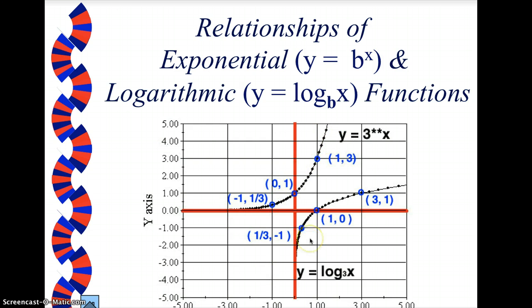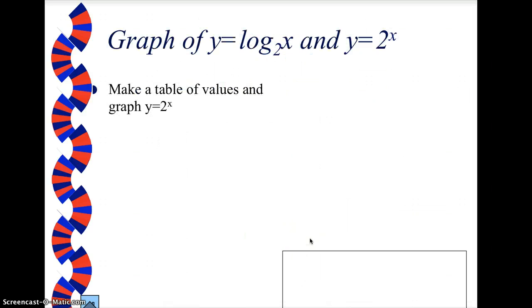Okay, now let's have an example of how to graph it. When you're graphing, you're giving values for the x. In the problem you'll be given values of x, but if it just says graph it, then assign values. Here's a table of values.